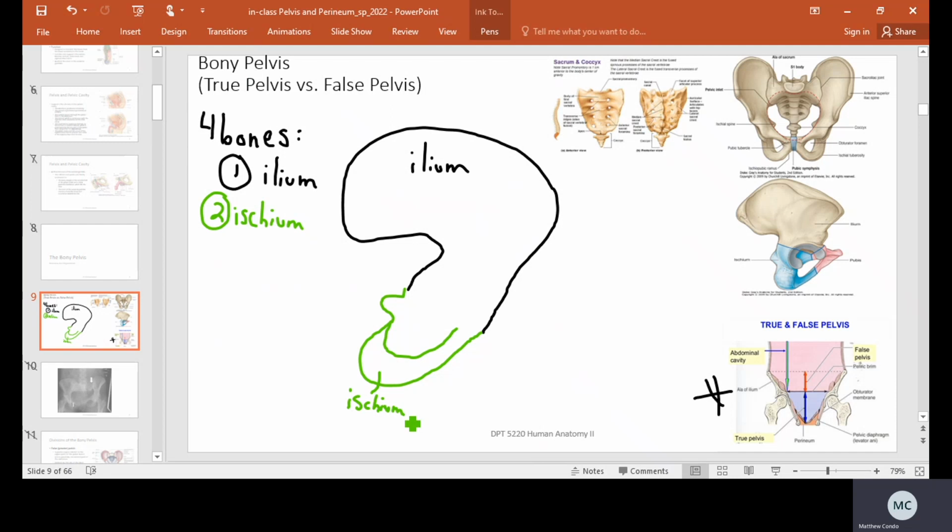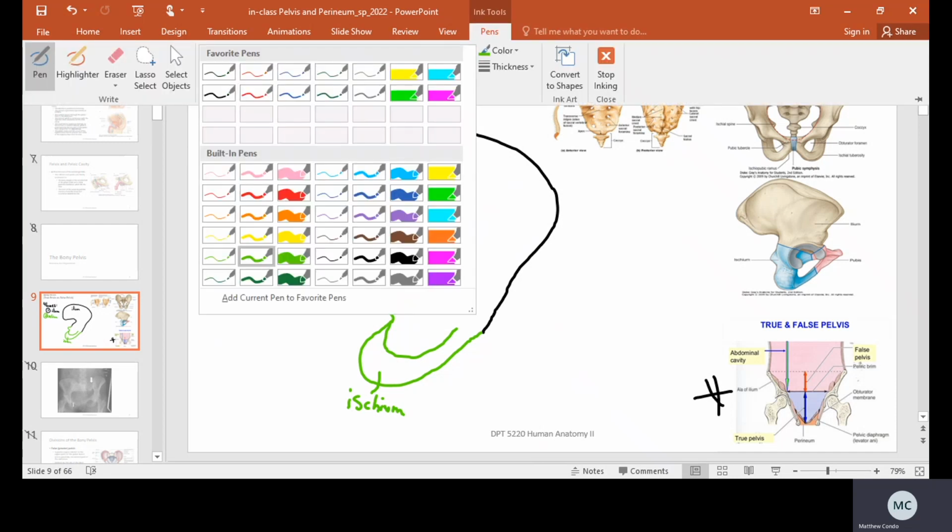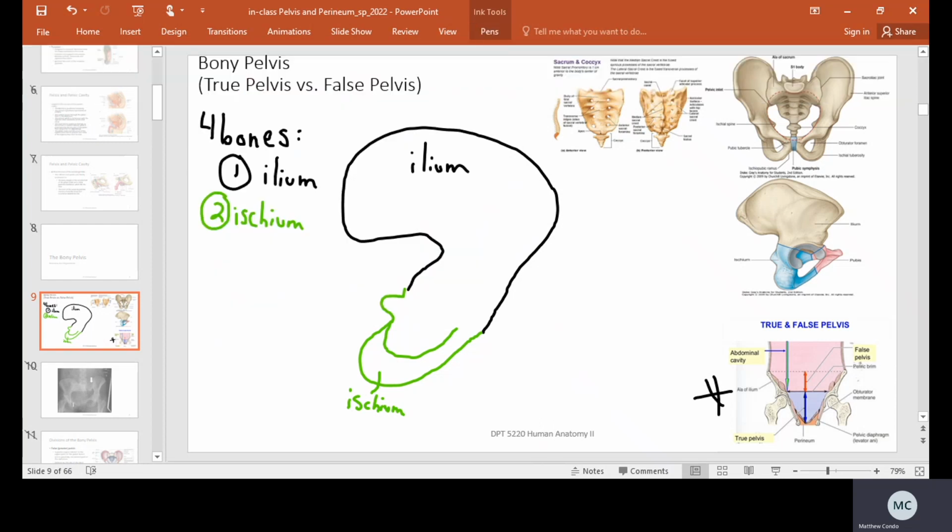The other piece I'm going to have here, which is going to form this os coxae, let me get a good color here, good purple. This is going to be my pubis. So the pubis is going to be that bone that's right in the front.